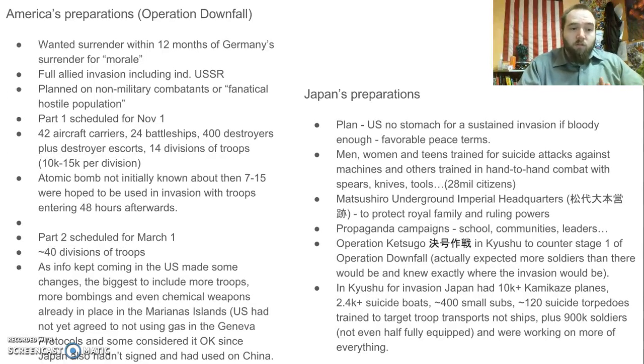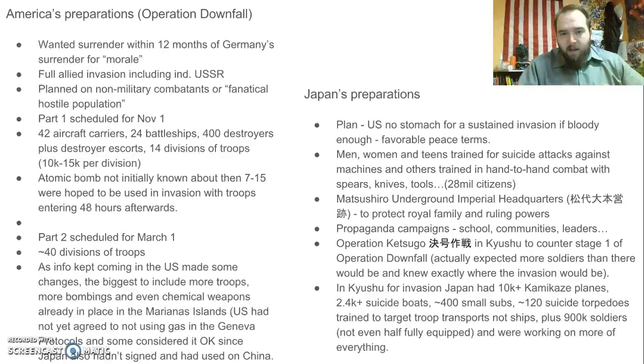Part 2 was scheduled tentatively for March 1st. Again, it'd be very tentative because you can't exactly schedule Part 1 down to the minute. They had about 40 divisions of troops planned for this, so much more than what they had for Part 1.